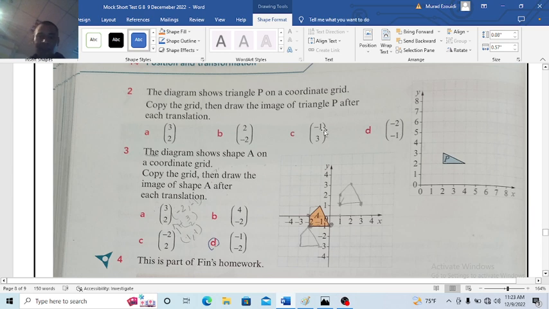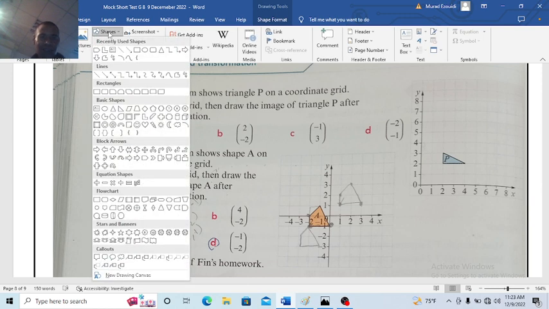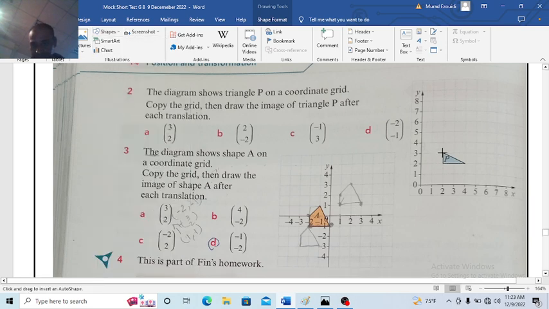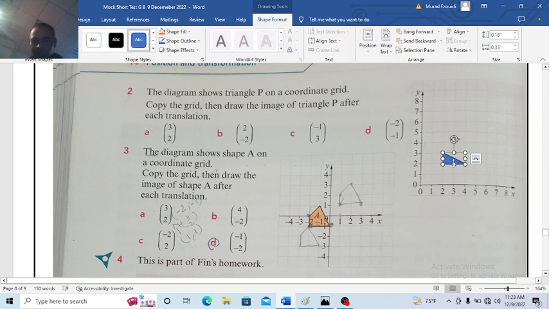I will just now insert a triangle like what is given, approximately like that. Okay, I suppose this is my new triangle. I will try to translate this triangle 3 units to the right and 2 up.